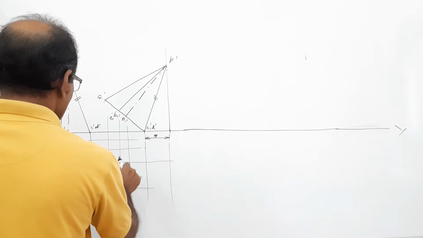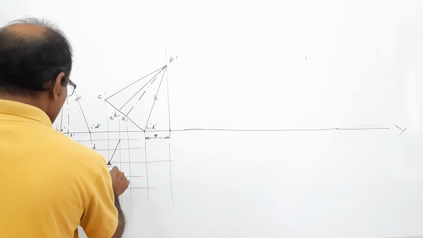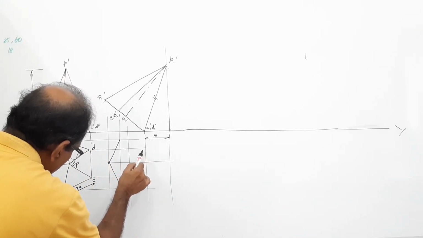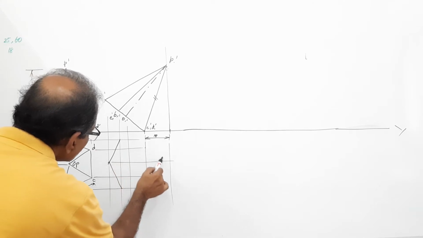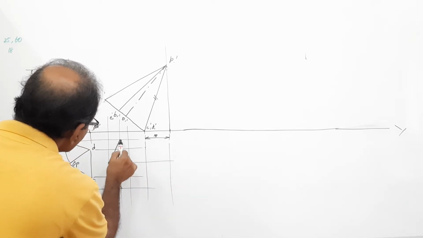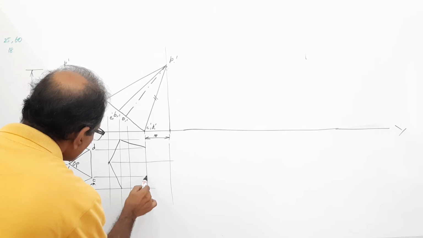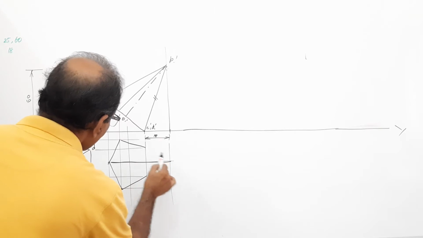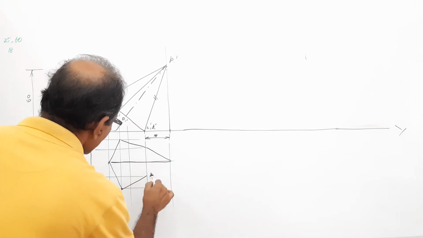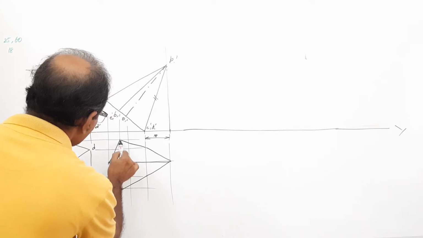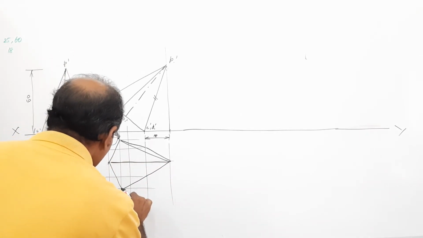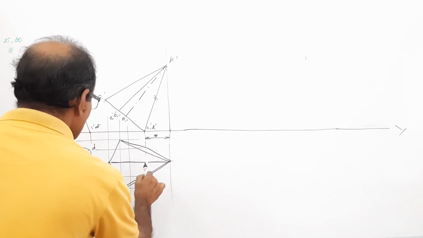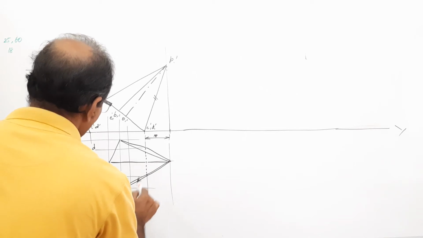Simply drawing the solid using redrawing method. When you use actual dimensions, I do not know whether my firm lines and your firm lines will be same. There can be some dotted lines, I don't know.